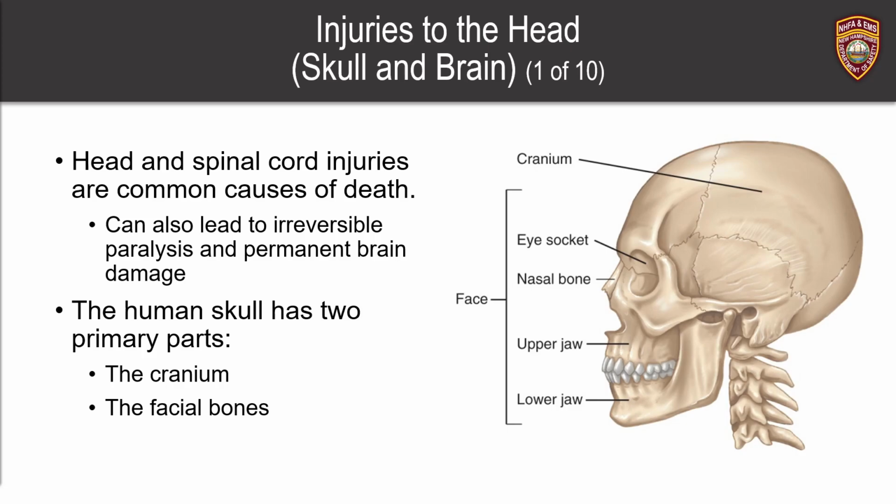So again, the human skull has 2 primary parts. You have the cranium, which is a tough bone shell that protects the brain. And then attached to that, you have the bones of the face, which give form to the face and give protection to the sensory organs. And then, of course, you have the jaw attached to the face.